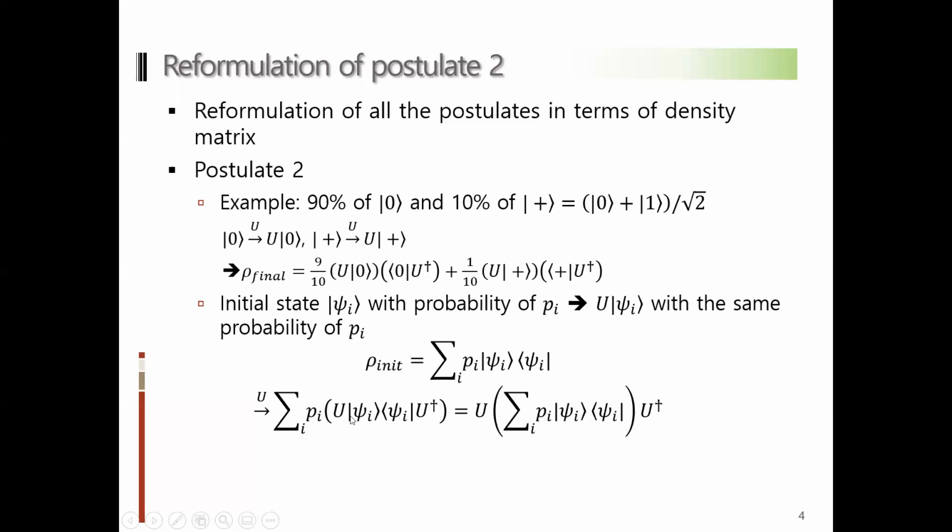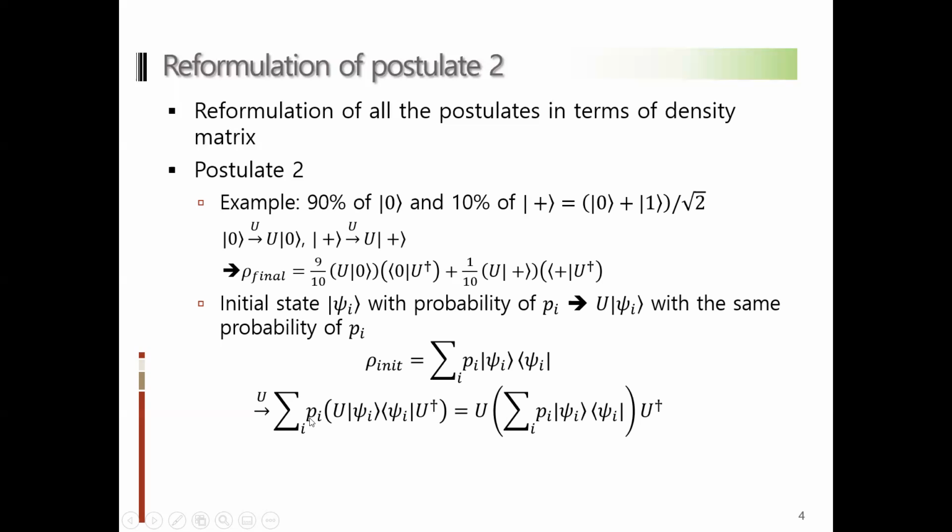And in this case, we know that the unitary operator and this operator are linear. So in principle, all of these operators are applied to all the terms, so they can be factored out like this, which is very obvious.